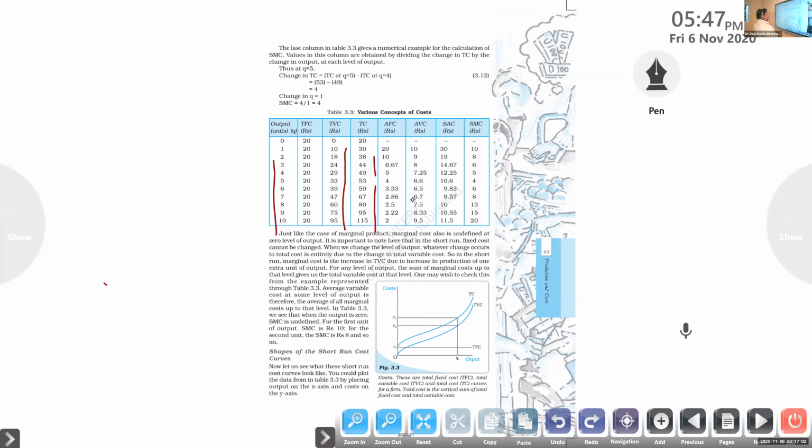You are not listening carefully. AFC is decreasing here. Next, AVC also. Is it decreasing or increasing? Check that. That is related to the total cost only, so that calculation matters there.